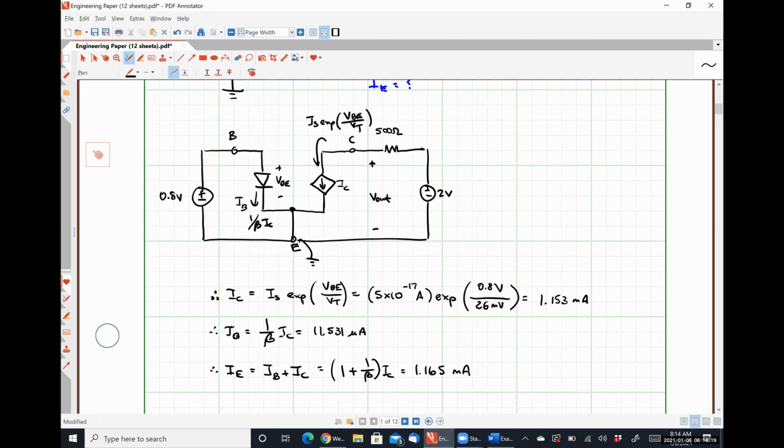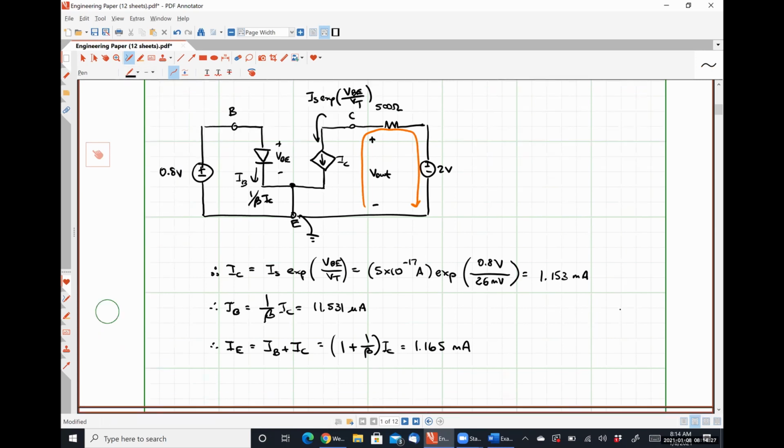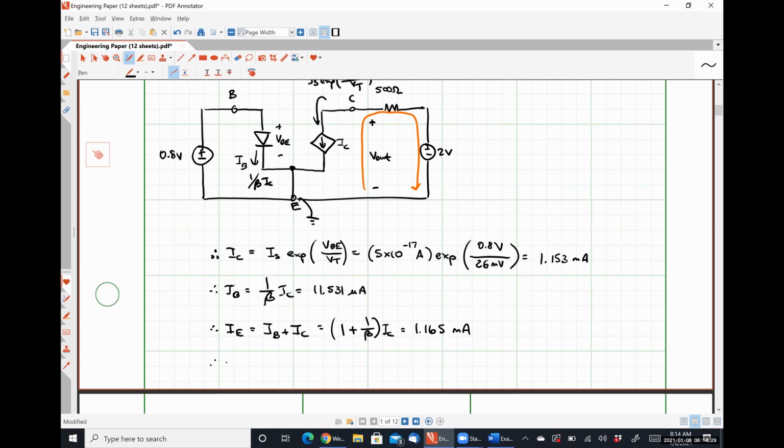So we could do a simple Kirchhoff's voltage law loop around this portion of the circuit. And what we will find is that V out is equal to 2 volts minus 500 ohms times IC, which gives me 1.423 volts.